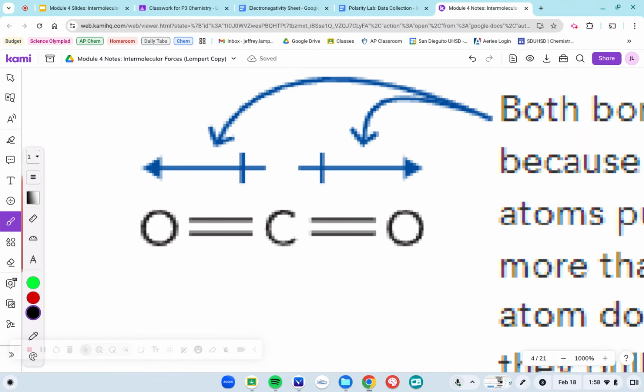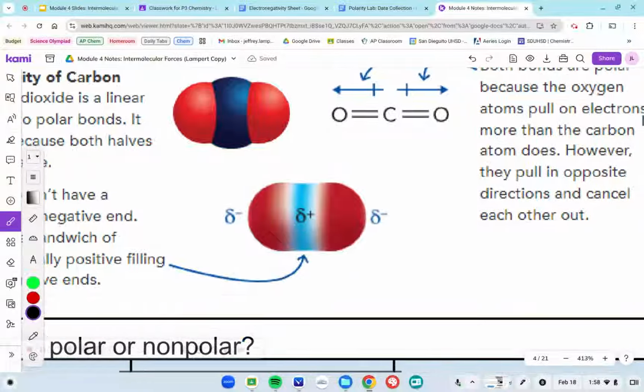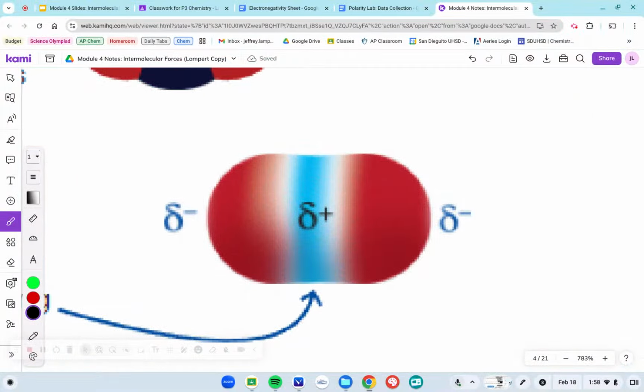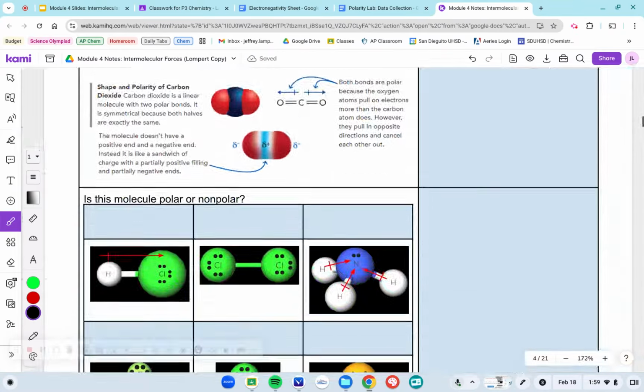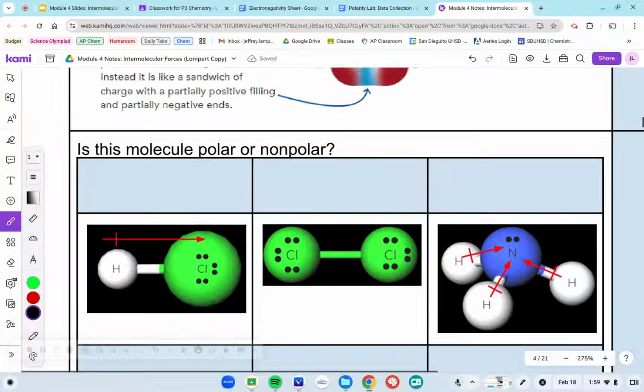All right. So then what we see is that in our molecule, we have even movements of electrons, right? We still have negatives and positives, right? But the molecule itself is even, right? We have positive and negative, so we have an even movement of electrons. It's nonpolar, okay?